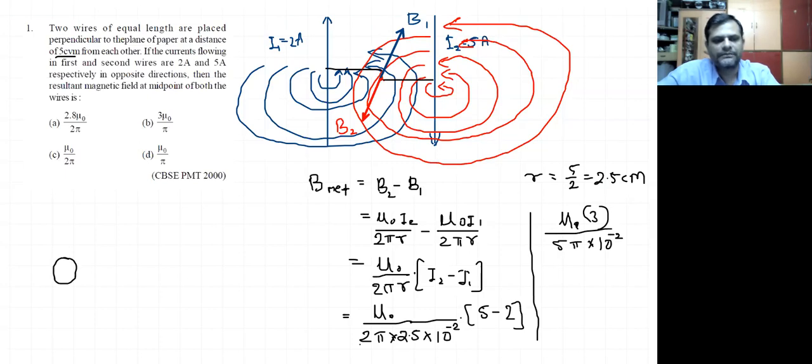So the first wire will be carrying the current in the inward direction, okay, and the second wire will be carrying the current in the outward direction in this way. So because of that, the first wire, which carries current in the inward direction, its magnetic field will act upward, and the second wire, which carries current in the outward direction, its magnetic field will act in the downward direction. Because of this, if we call them B1 and B2, we have to find the difference of the two so that we get the total magnetic field, the net magnetic field here. Okay, so this we have to understand.